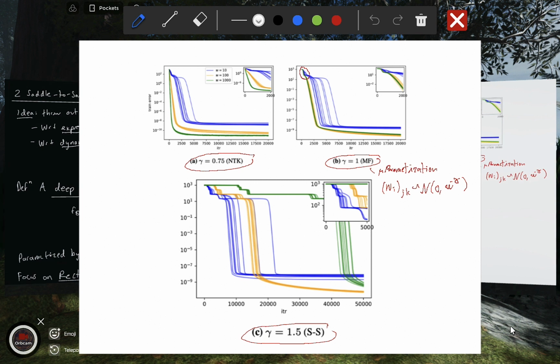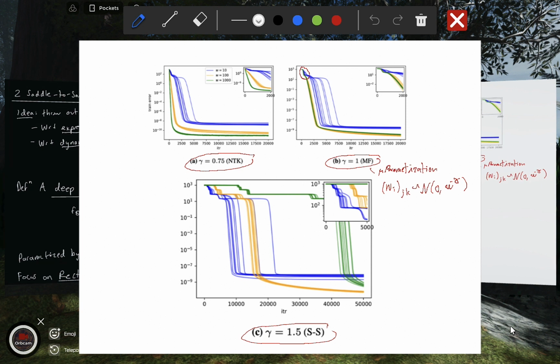So there's one transition, one phase-change-y thing. We'll make that more formal in a second. It's easier to see maybe on this inset, but that's true for all model sizes, and you can't remove it just by going to larger models.